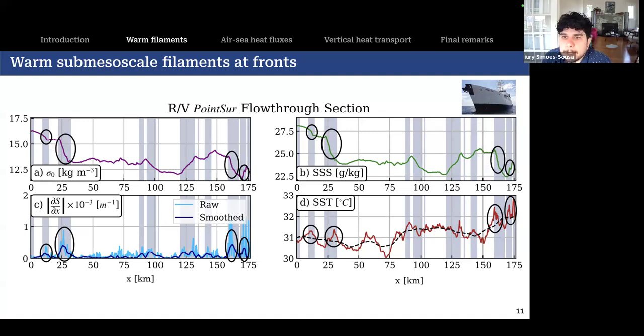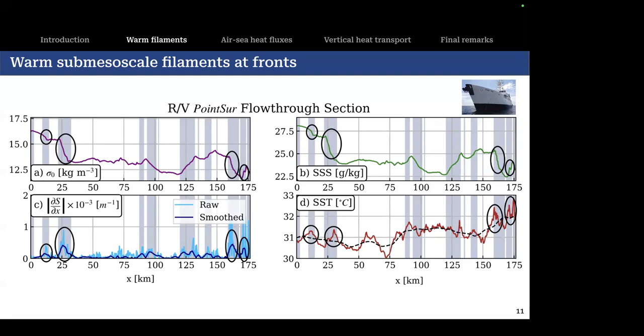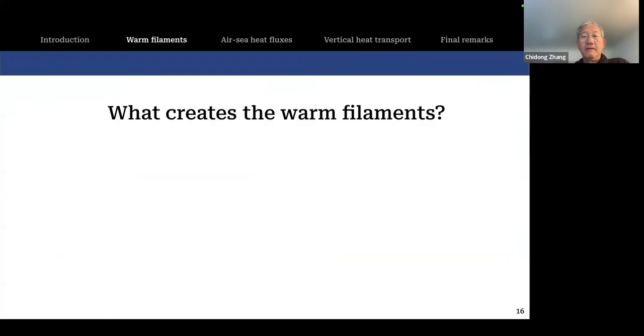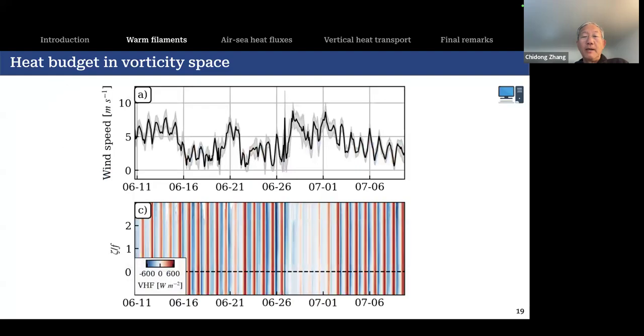Chidong? Yes, could you please go back to your slides showing the diurnal cycle of the vertical profile with the surface wind on the top? Yeah, this one. If I read this correctly, on the bottom, the blue color is the nighttime and the red color is daytime.